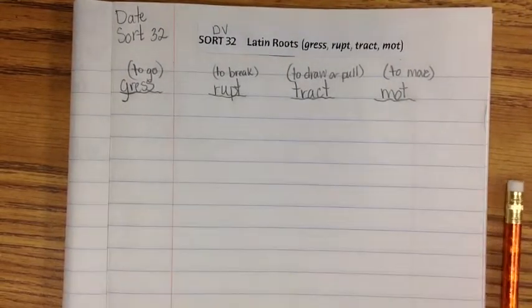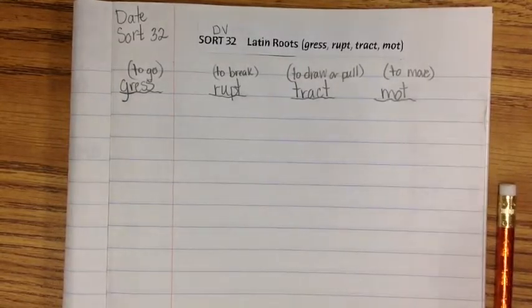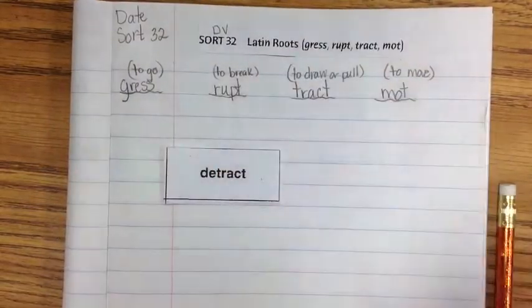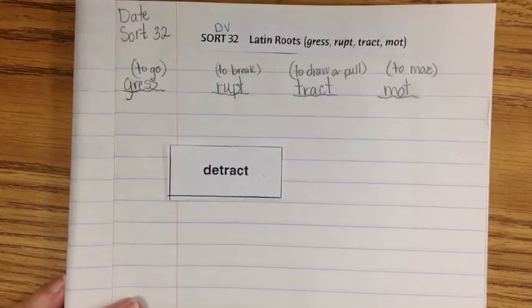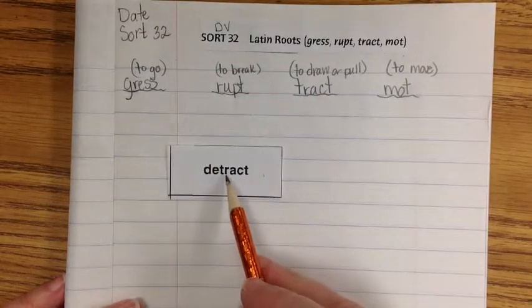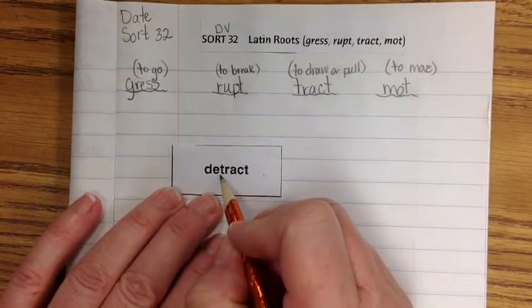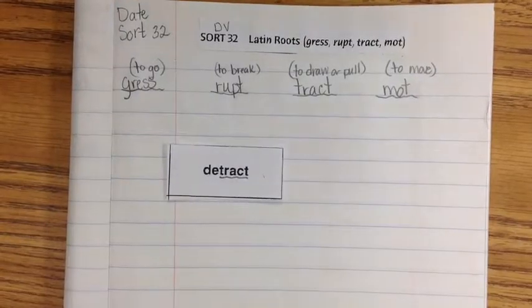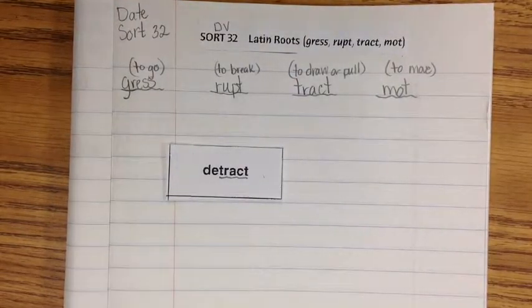Let's find a word up here. Let's do detract. D-E-T-R-A-C-T. Tract is our root, and tract means to draw or pull. The DE means away or apart.